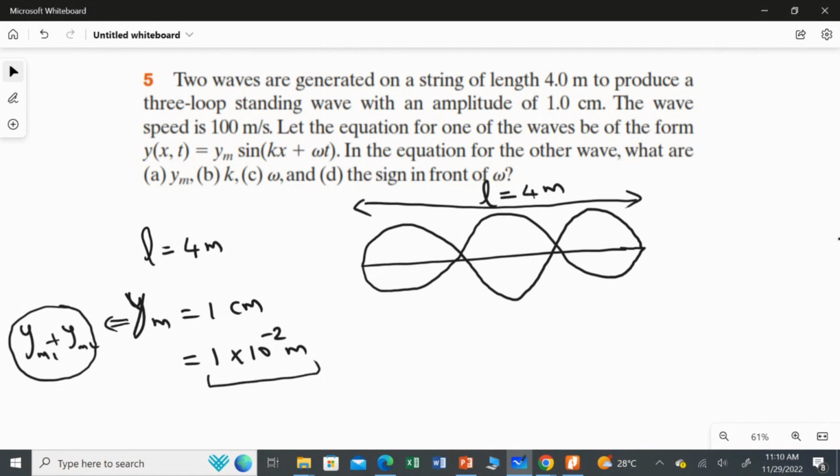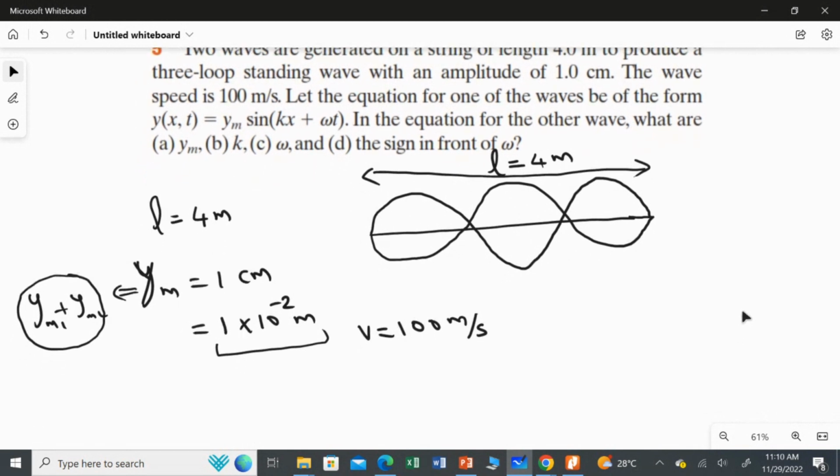Clear? Okay. Now the wave is traveling with a speed of 100 meter per second. Let the equation for one of the waves be in the form y of x comma t equal to ym sine of kx plus omega t.